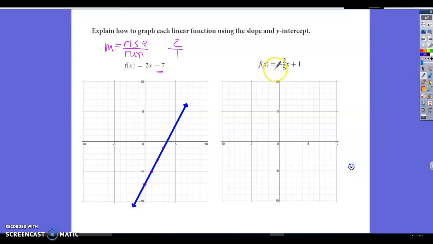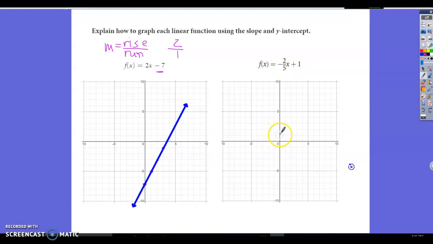All right, the second one, f of x equals -2/5 x plus 1. This one's already in the form rise over run because it's already a fraction. We know it's going to go down from left to right because the slope is negative. And we know that the y-intercept is +1.